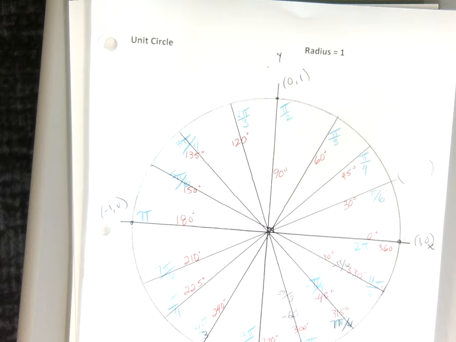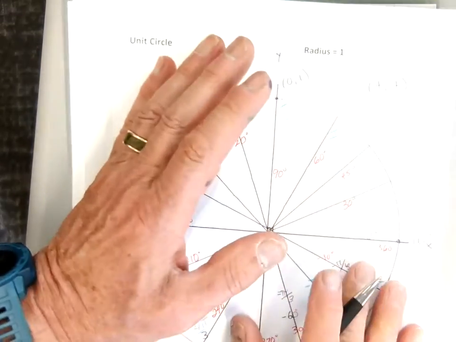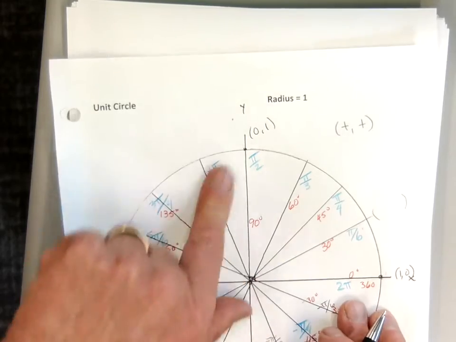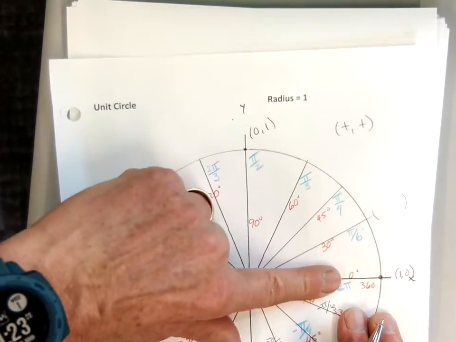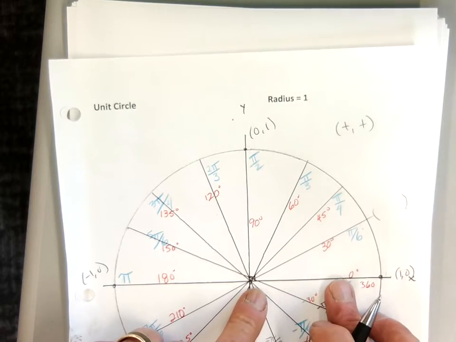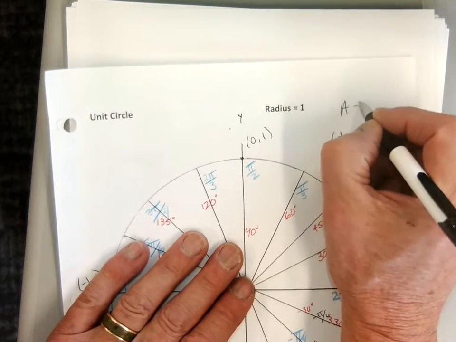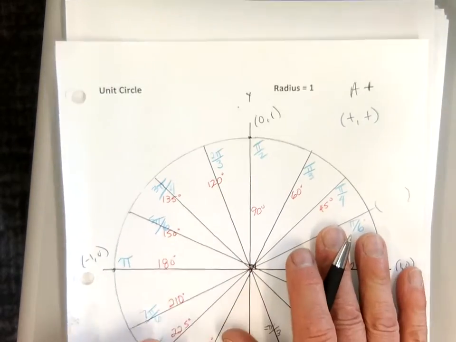Just like a graph. So any coordinate here is positive, positive. That means that the sine value is positive because the sine's the y's. X's are positive, right? In fact, all things are positive in quadrant 1.